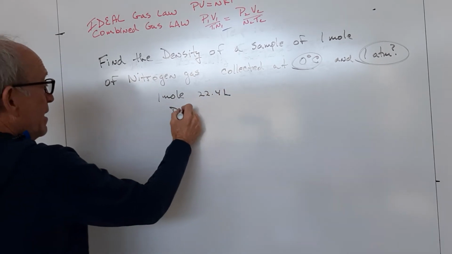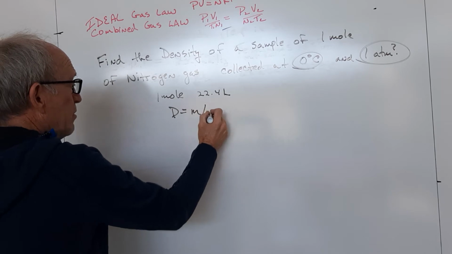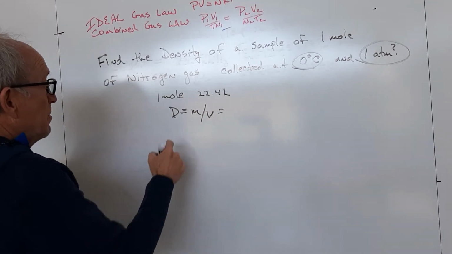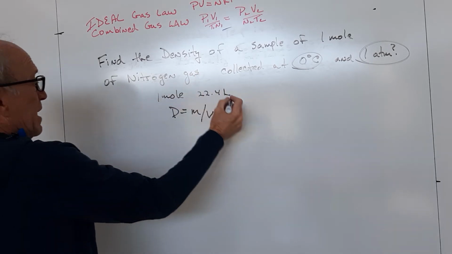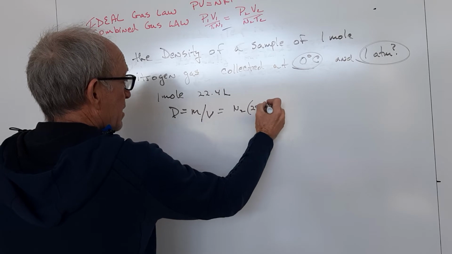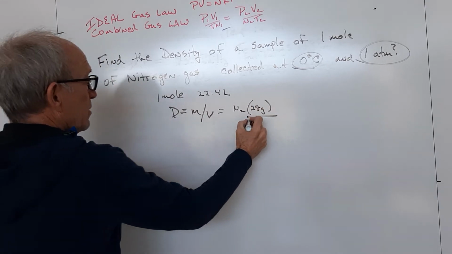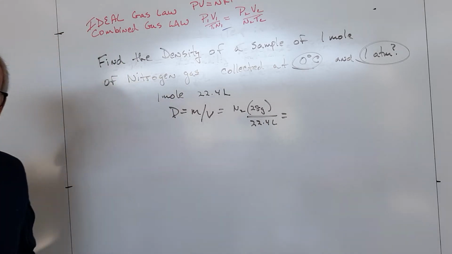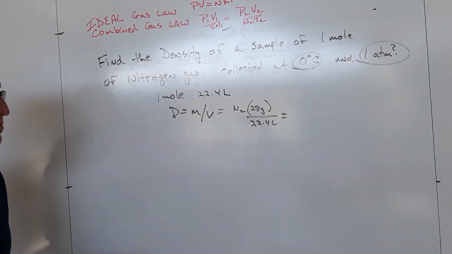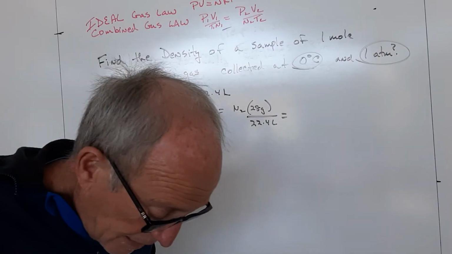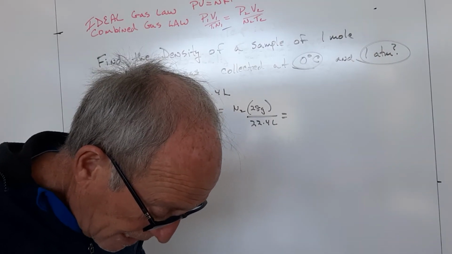So density equals mass over volume, and that is going to be my mass of 1 mole of nitrogen gas, N2, which is 28 grams, divided by 22.4 liters. So that becomes my density. As I said before, you can stop it.